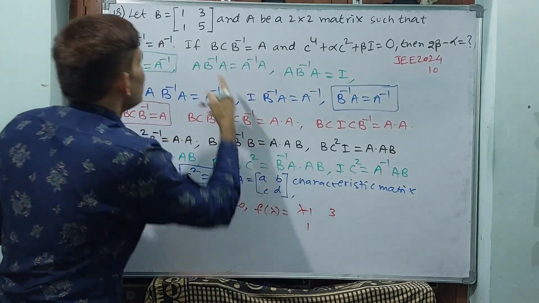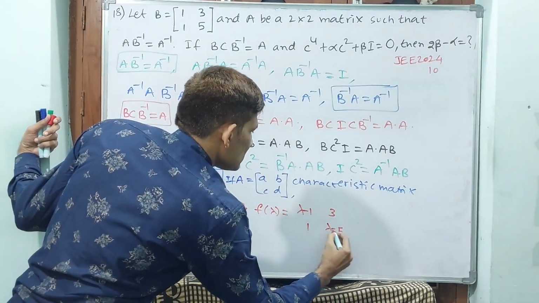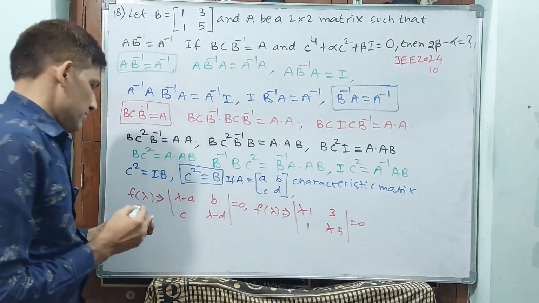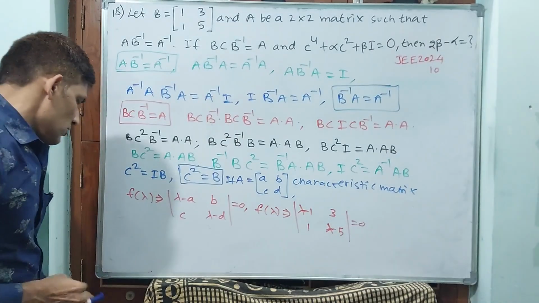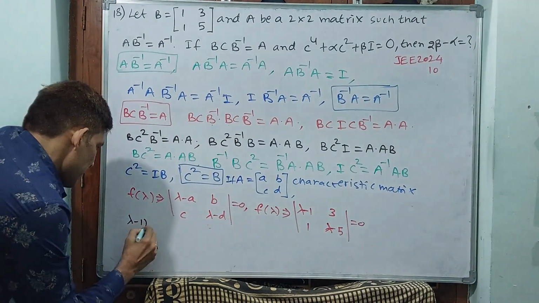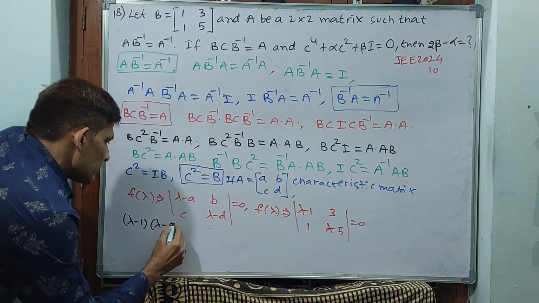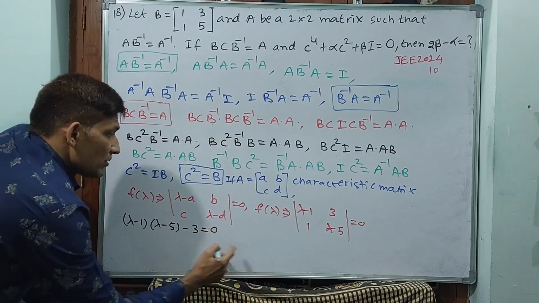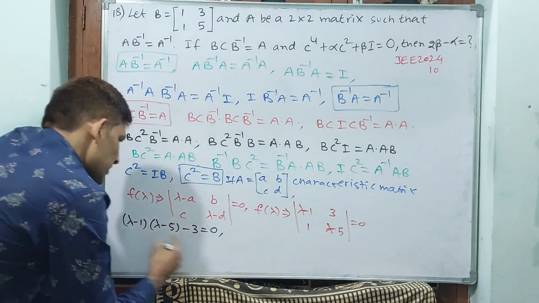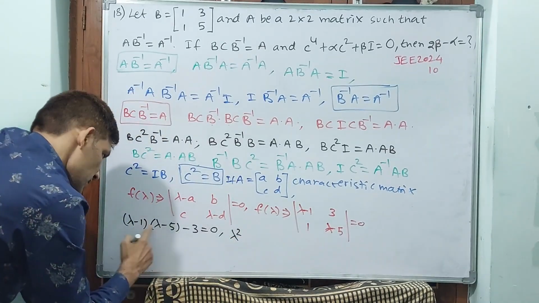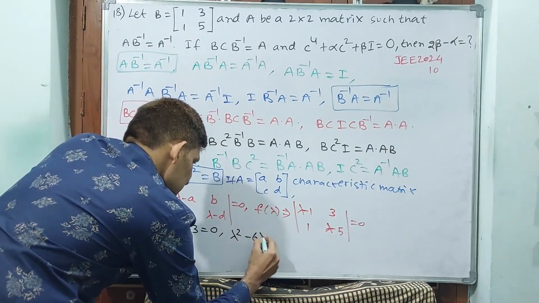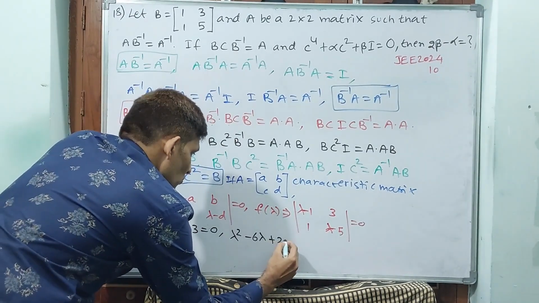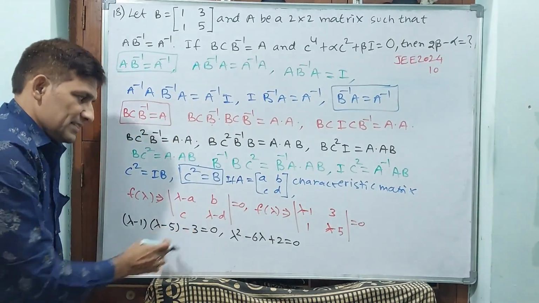And the determinant equal to 0 implies lambda minus 1 into lambda minus 5 minus 3 is equal to 0. See, lambda square minus 5 lambda minus lambda plus 5 minus 3, that is lambda square minus 6 lambda plus 2 equal to 0.